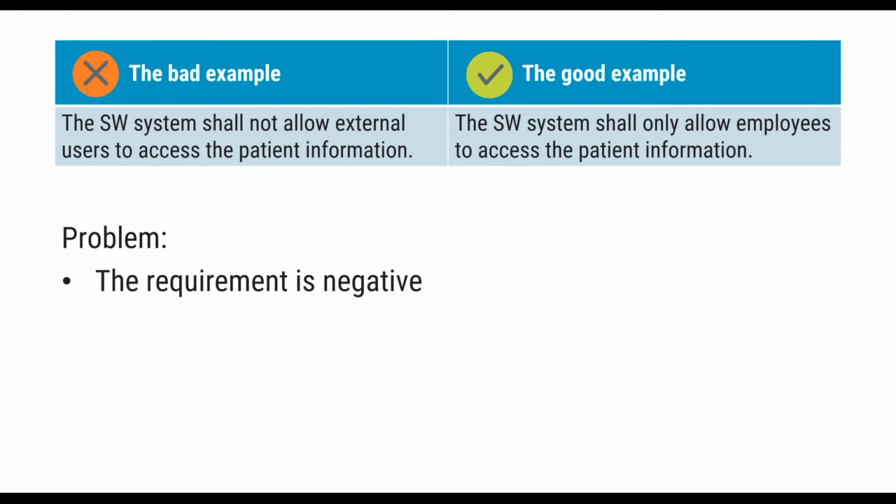The way you can improve this negative requirement is to say that the software system shall only allow employees to access the patient information. And this is an improvement because in the previous bad example, you are excluding one particular group, and that's the external users. But in theory, all of the other groups you could think of would be allowed to have access to the patient information.